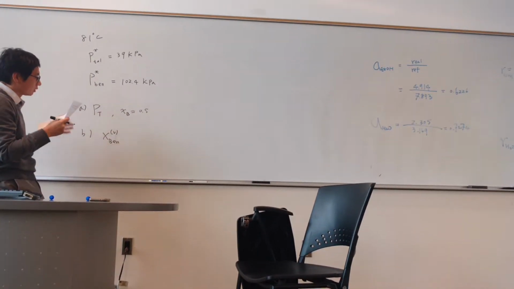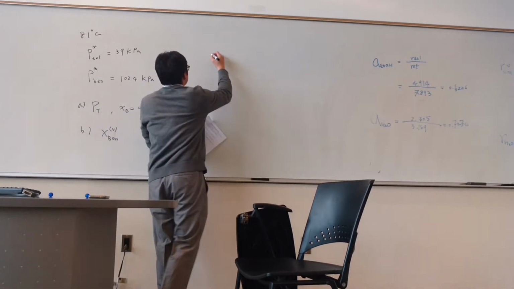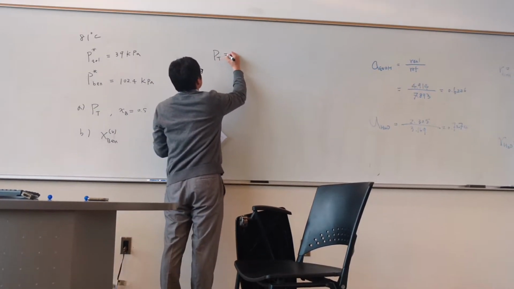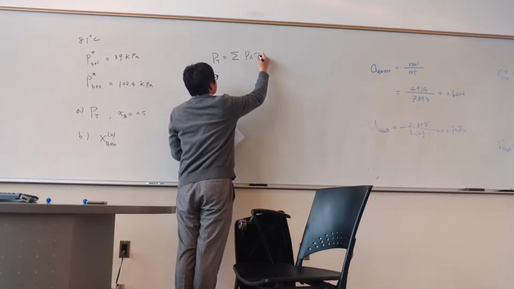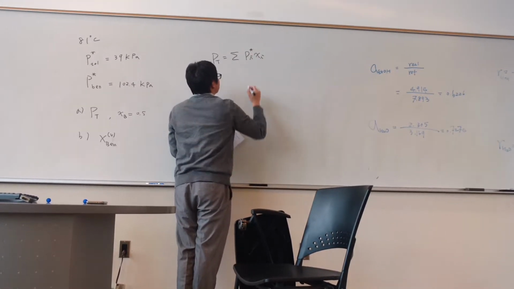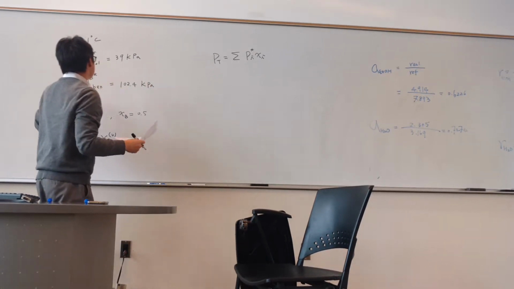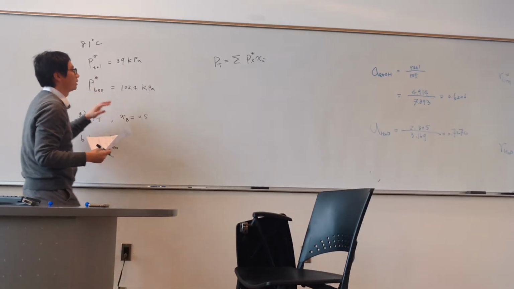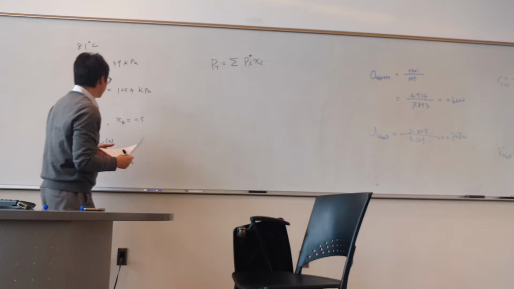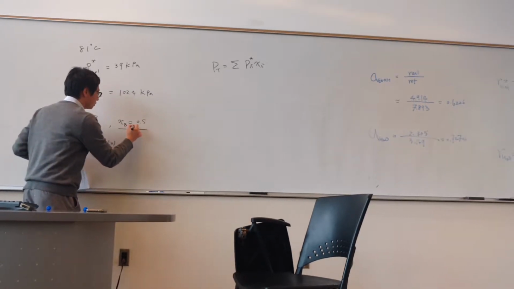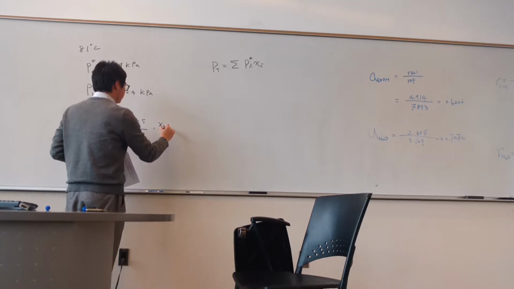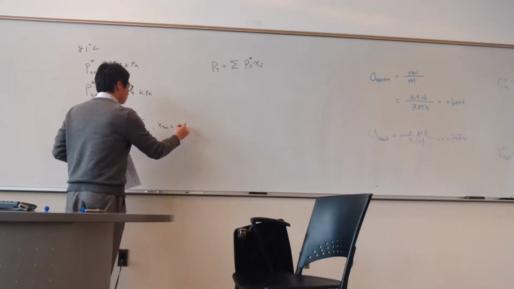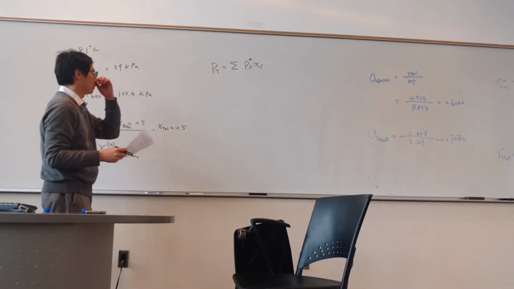So the total pressure, we said P total is equal to the summation of Pi star times your Xi. In this case, i equals toluene and benzene, right? And since XB is 0.5, then your X toluene is also 0.5.